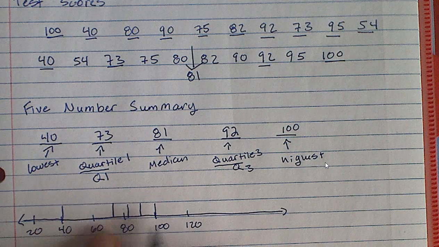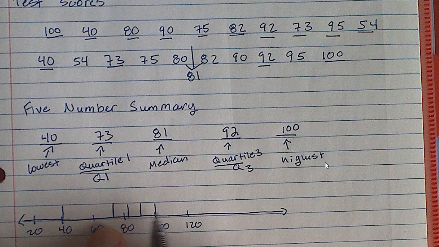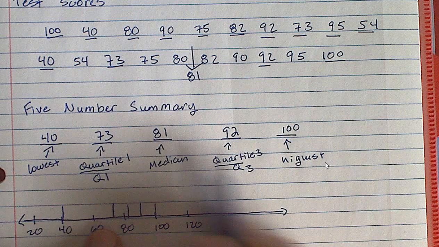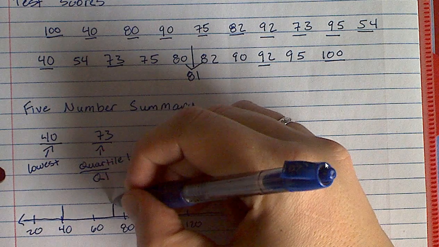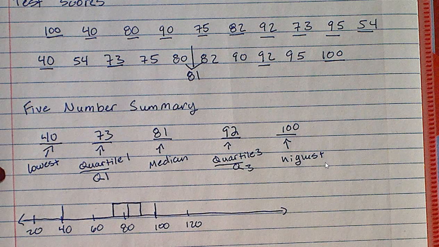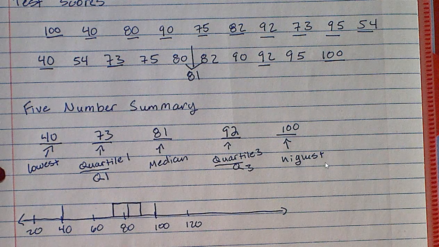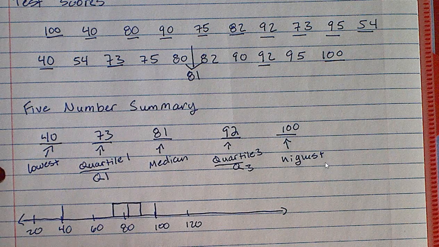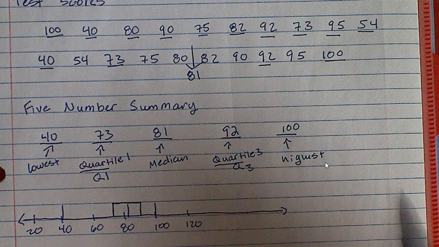Now, the middle 3 lines, quartile 1, the median, and quartile 3, these get connected into a box. The lowest and the highest are the whiskers.